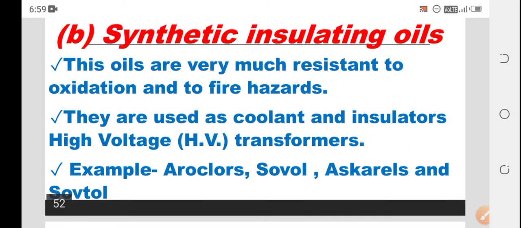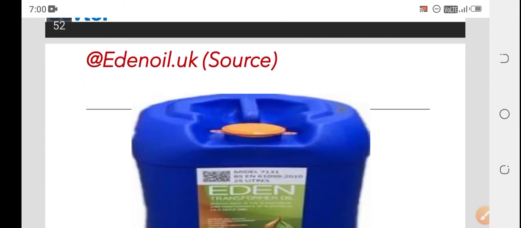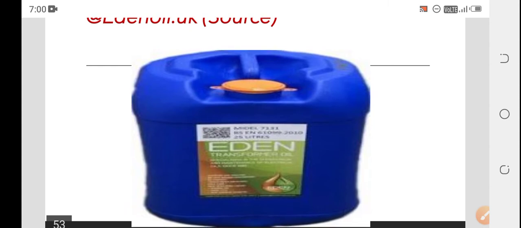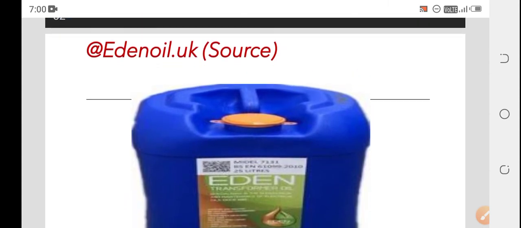They are used in transformers, and examples of synthetic insulating oil are Aroclors, Savol, Askarels and Sovtol. This is the source of the figure where I took this. This is Eden Oil UK source.